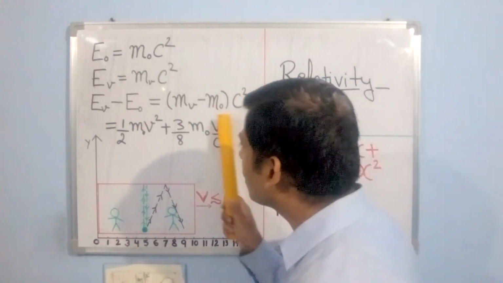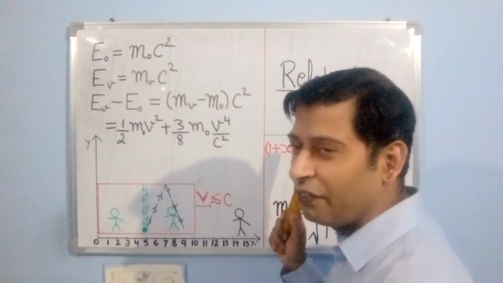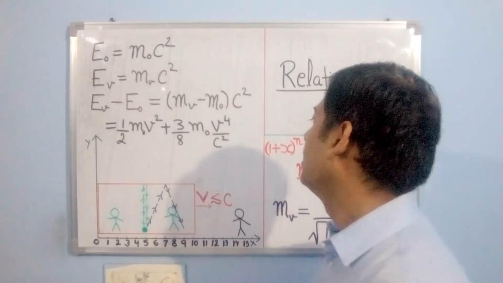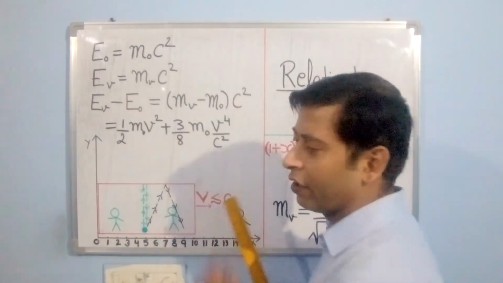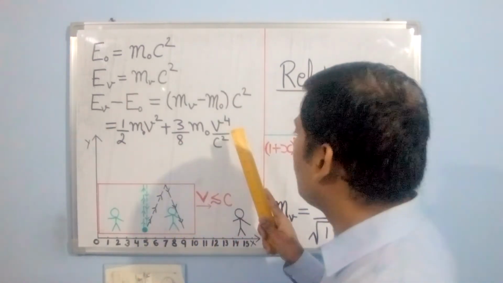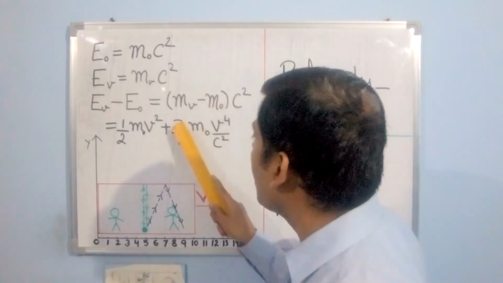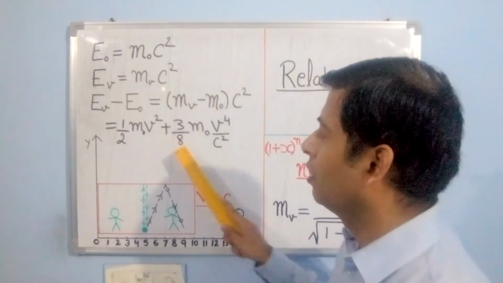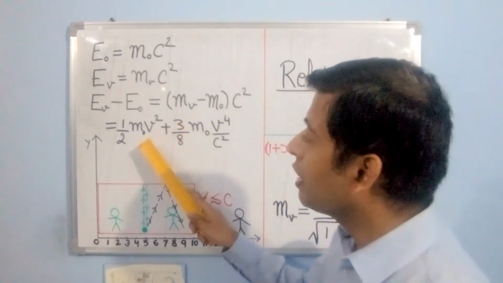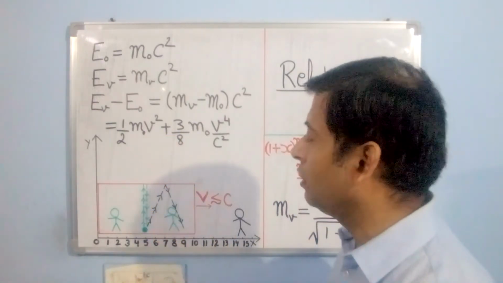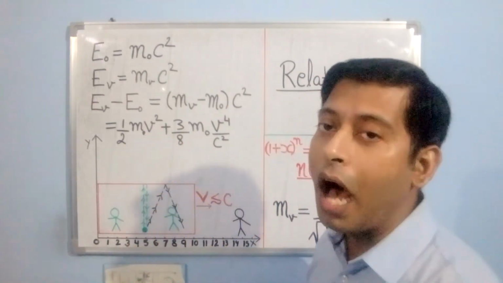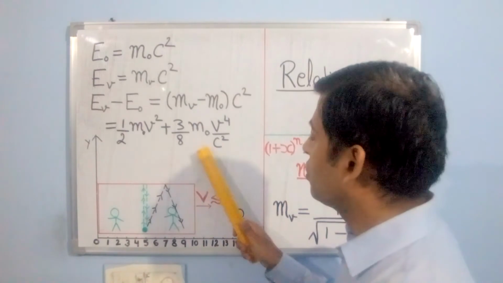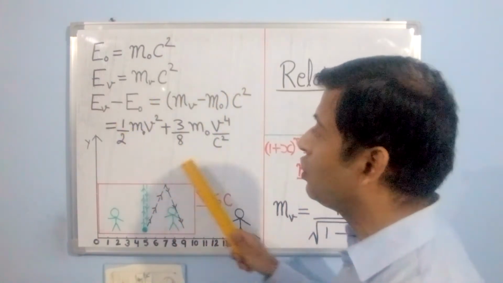Can you ignore this factor or the further factors? Let's limit ourselves to this factor only, right? So what we see is, now you can't ignore this factor. That means the energy possessed by the train is not just simply half mv square. It is a very big energy.